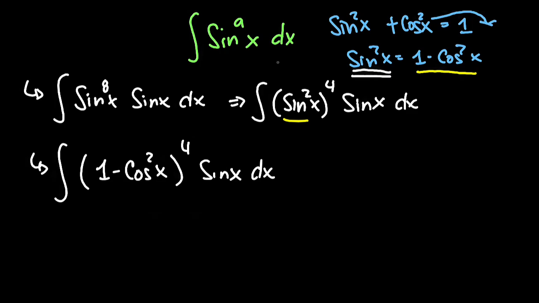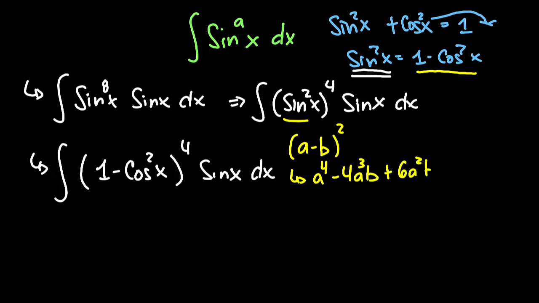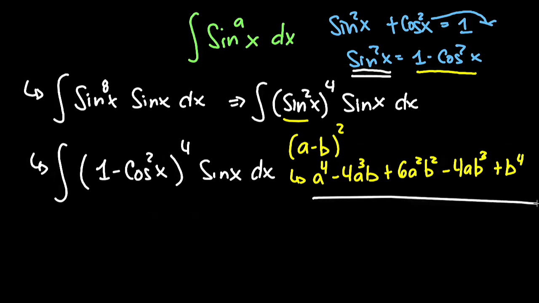And so, the formula for this would be a minus b to the power of 4 would be equal to a to the power of 4 minus 4a cubed b plus 6a squared b squared minus 4a b cubed plus b to the power of 4. This was based on the binomial theorem, with a here representing 1 and b here representing cosine squared of x.